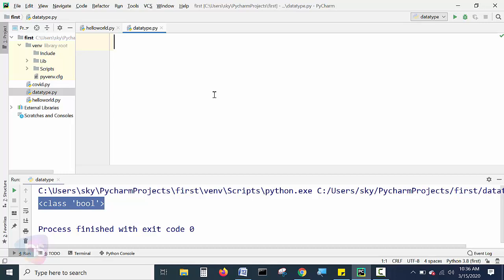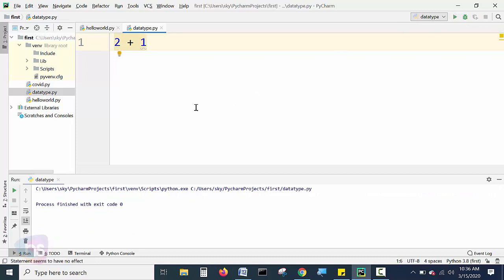Now see here, it's very simple: the number 2, and plus is an arithmetic operator, and 1. I'm writing 2 plus 1 and executing it, but the compiler shows only that the process finished with exit code 0. It doesn't load any output, because I haven't written anything to display it.